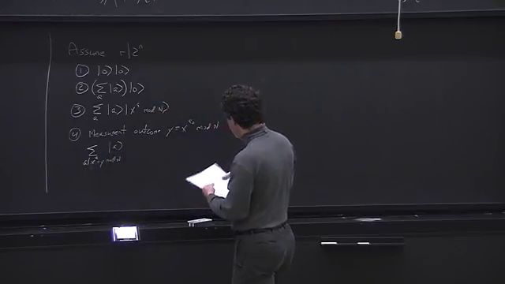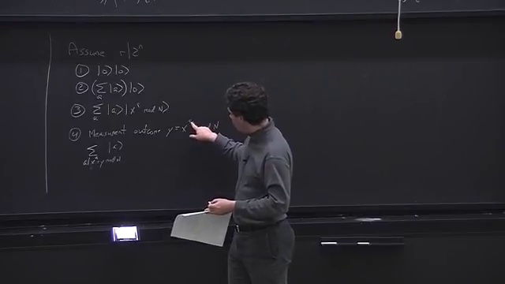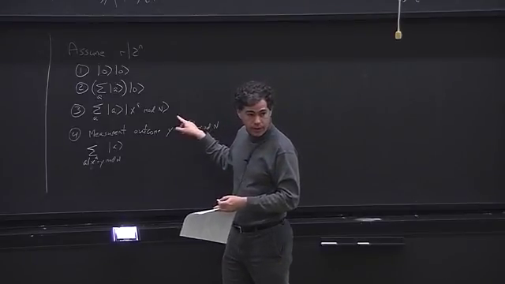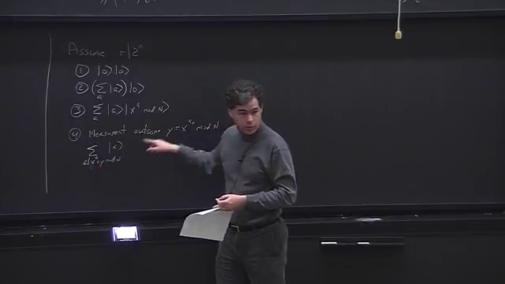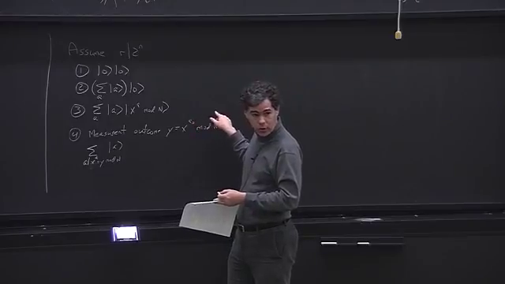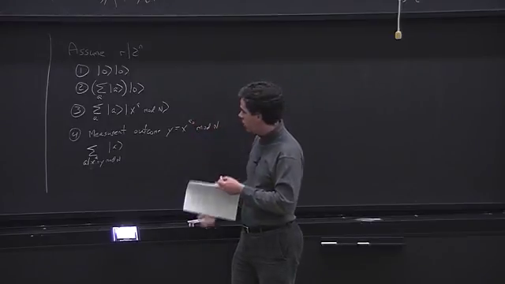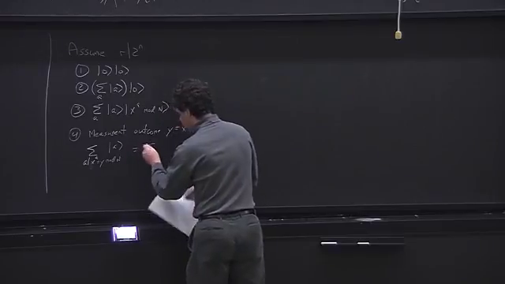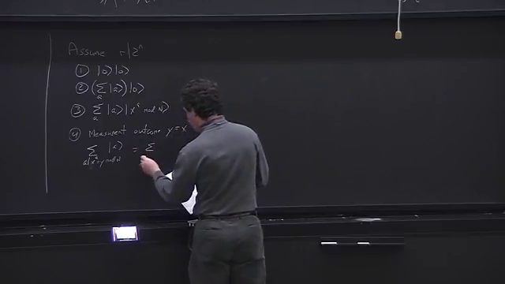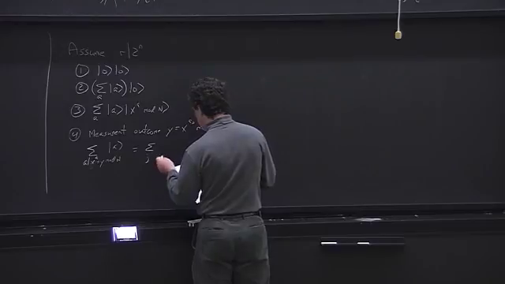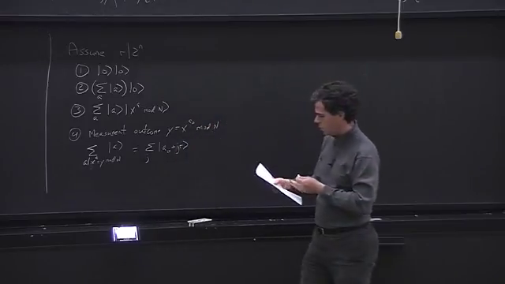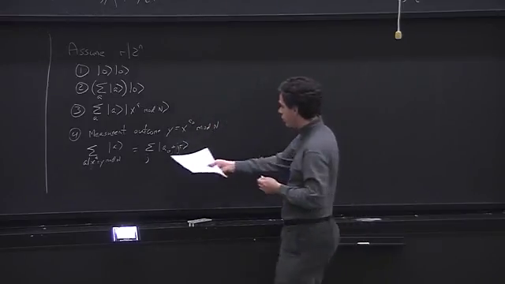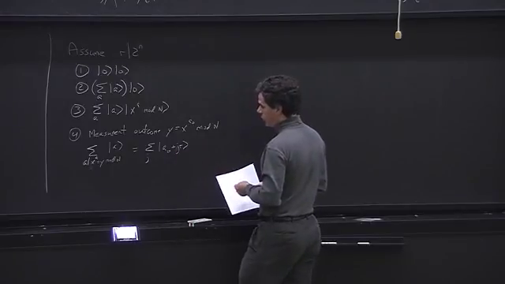We know that a0 has this value, and the function is periodic, so all the values of a that work here are a0, a0 plus r, a0 plus 2r, and so on. So really what we can do is take the sum over multiples of r, of a0 plus jr. Okay, so this is the leftover state on the first register.